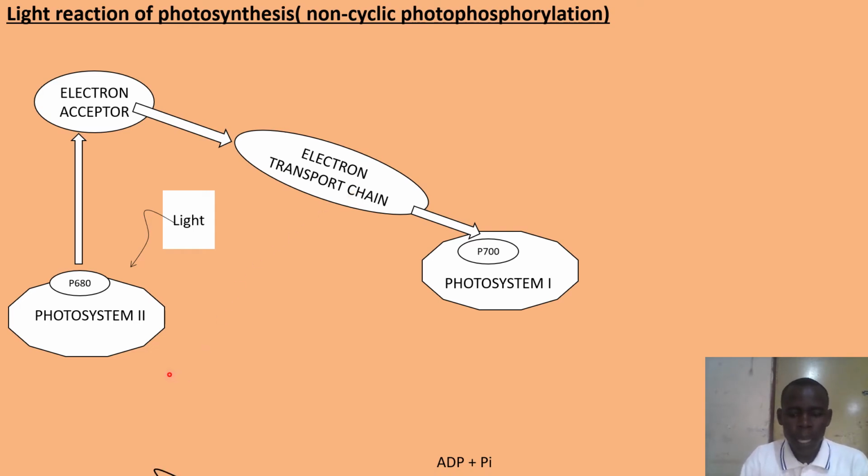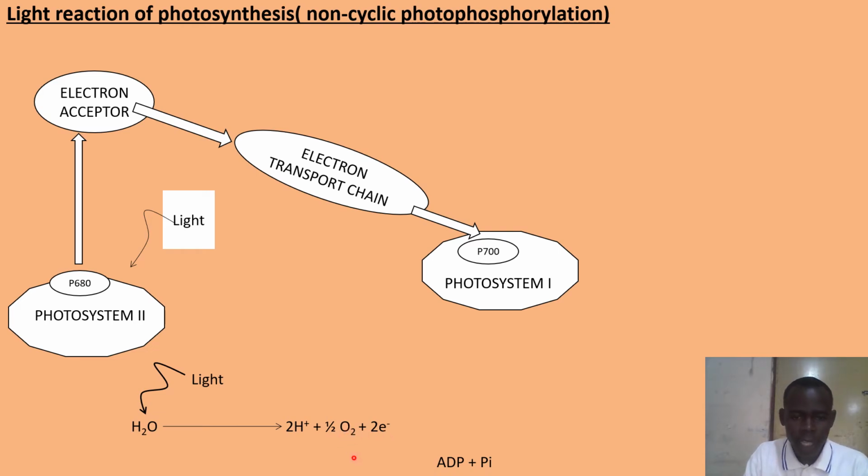Meanwhile, the electrons that have been removed from photosystem 2 are replaced by photolysis of water. Photolysis means breakdown of water by use of light. Photo means light, lysis is to break down. When water is photolyzed in the presence of an enzyme, it produces protons, oxygen, and electrons.